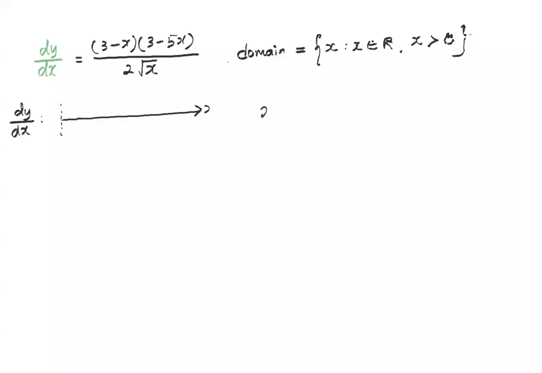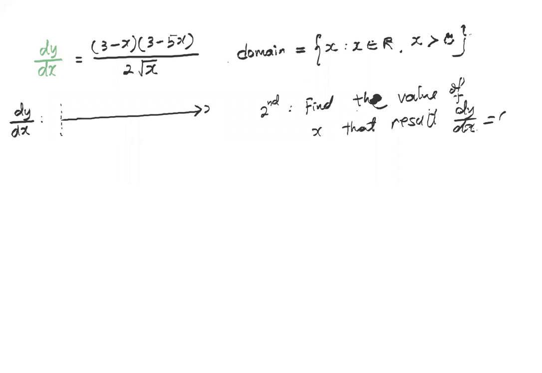So second step, I have to find the value of x that results in dy/dx equal to 0. We have done it there already. There is x equal to 3 and x equal to 3 over 5.